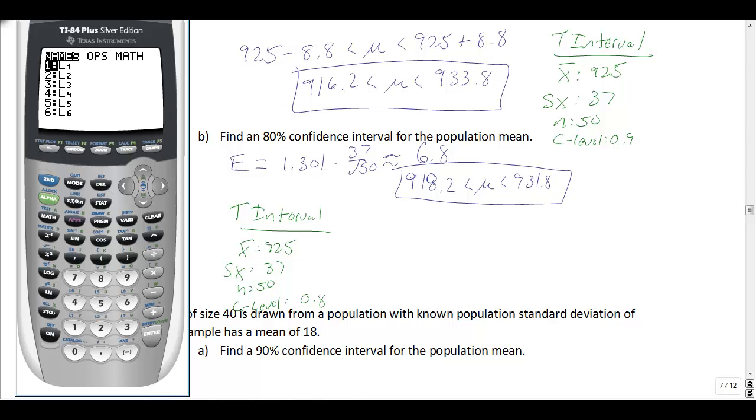Stat, test, t interval is option 8, so if I know that I can just hit 8. All I'm going to do is change this 0.9 to 0.8. Go to calculate, and I should get this interval out here, 918.2, 931.8. So there you go, really very similar. You do these out pretty quick.